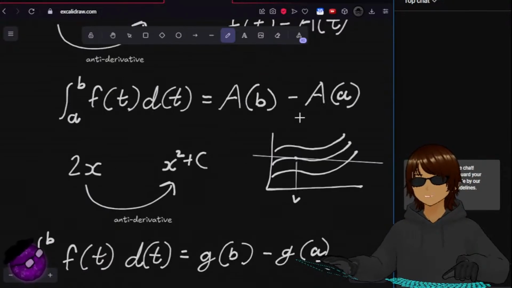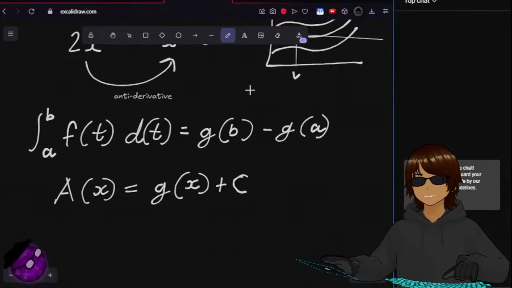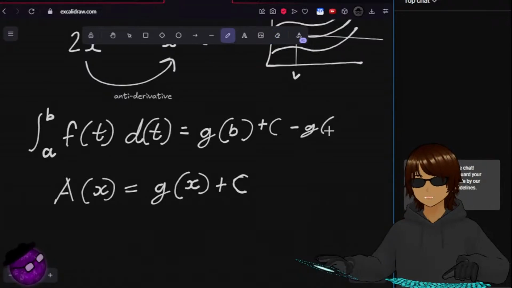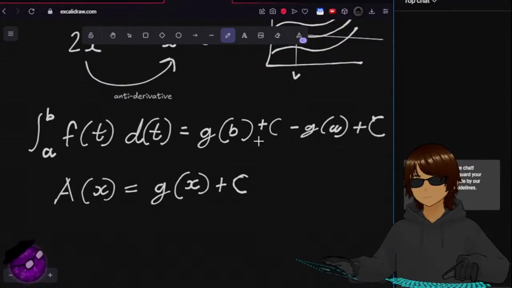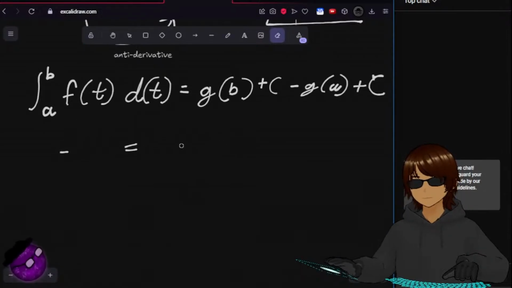So if we expand this, plus c, and then minus c again, the two c's cancel out.